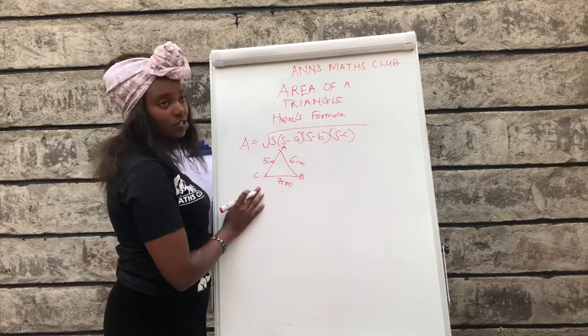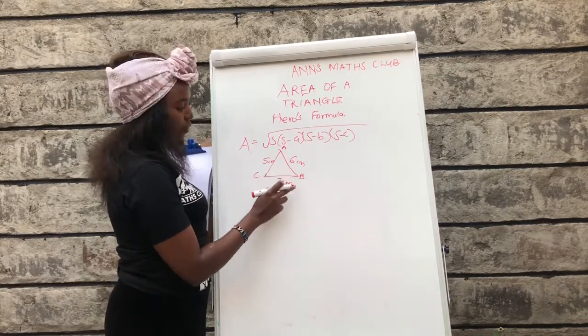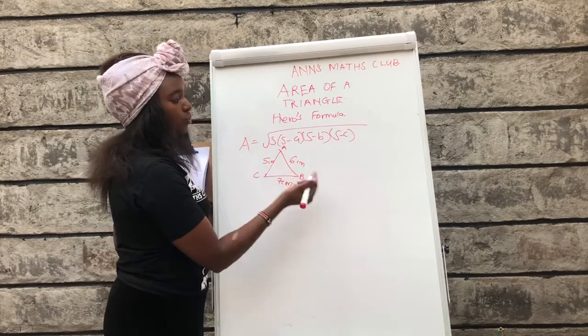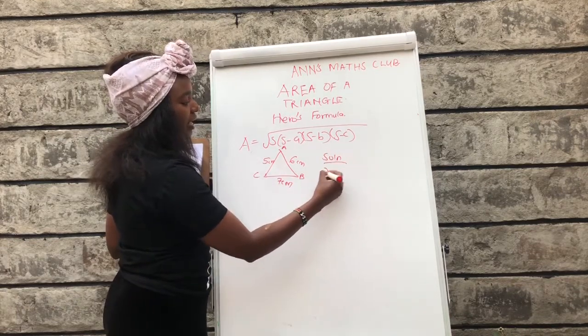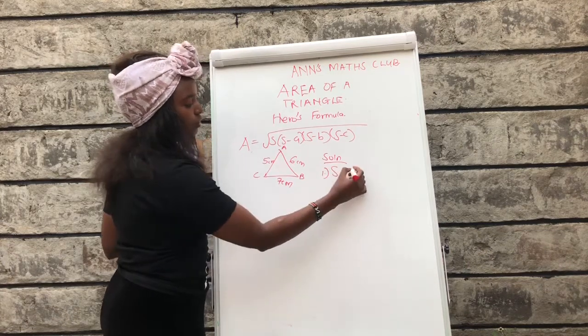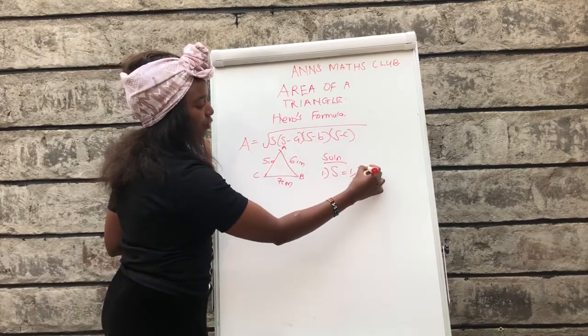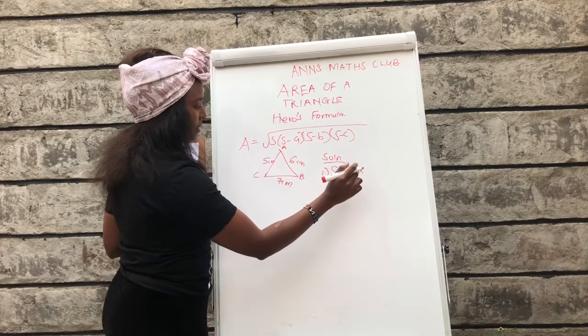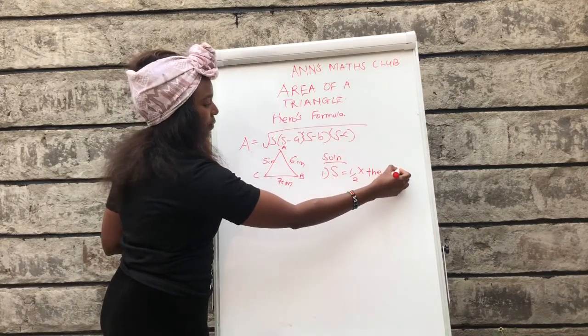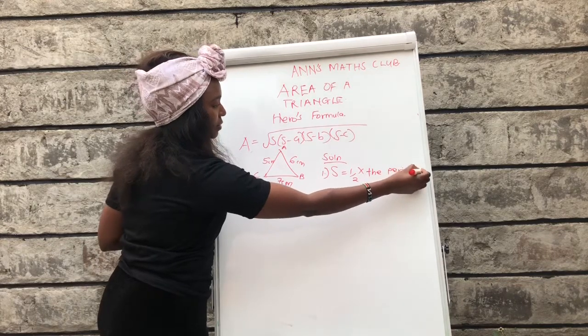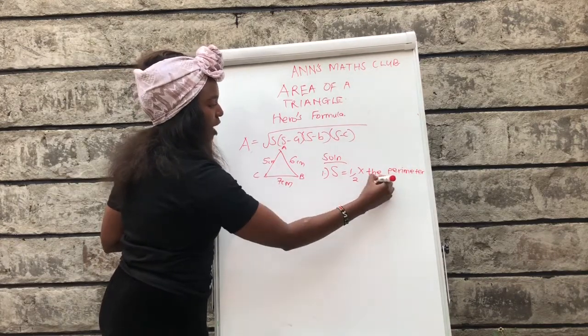So when looking to find the area of this triangle, and you've been given these sides, what you need to first calculate, the first thing, solution, you find s, and s is equal to a half times the perimeter of the triangle.